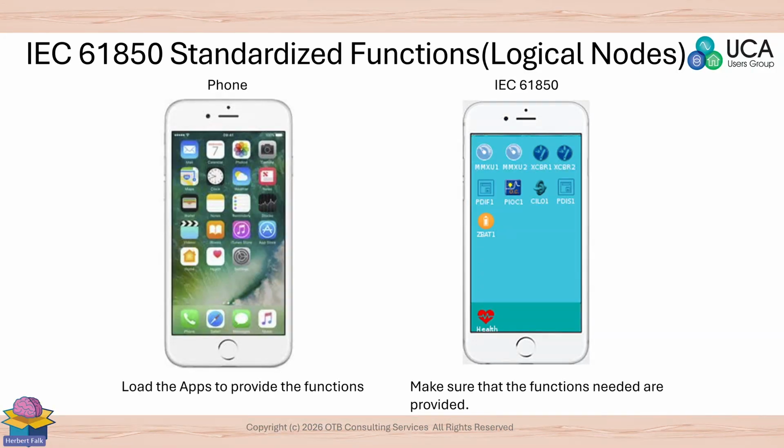In 61850, the concept of logical nodes is a function, and you choose the function that you need to perform a given substation or power system function. So this diagram just shows that logical nodes, when you instantiate them, are the equivalent of putting an app on your phone.